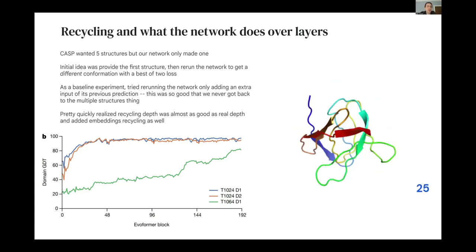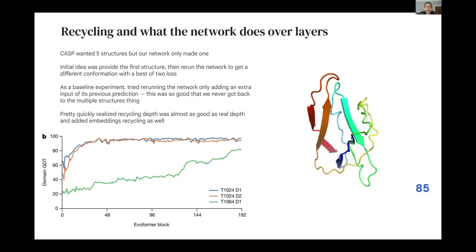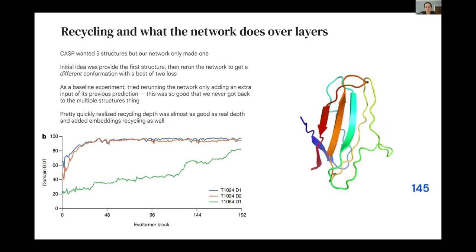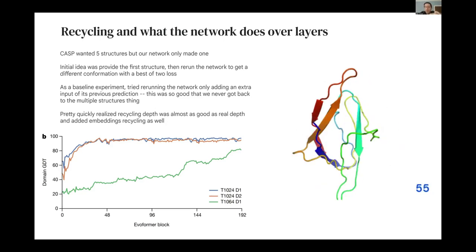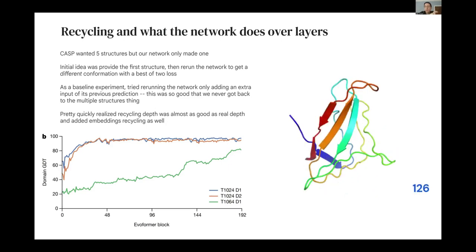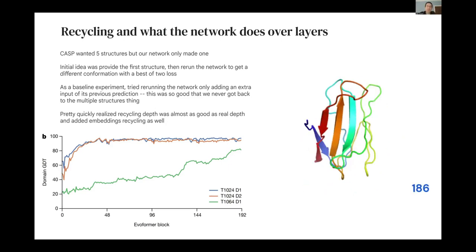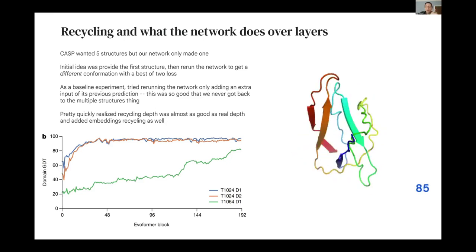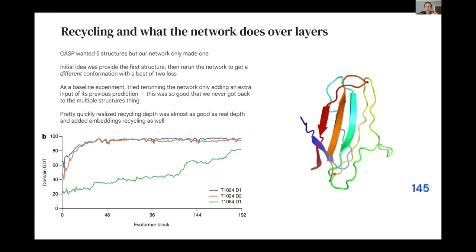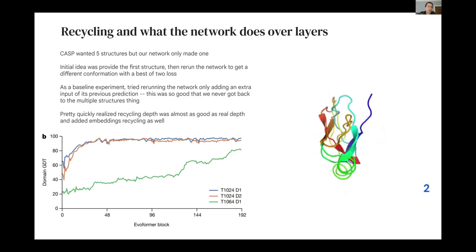And so the idea was, well, maybe what if we just run our network and then we take the output structure of that network and we make that an additional input, and then we'll give it a loss that's maybe the best of the 2 structures, and that will encourage it to make diversity. In fact, we had some other attempts to make diversity by running 5 structure modules.